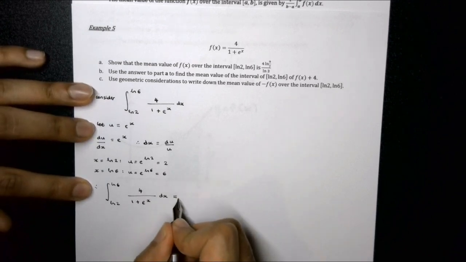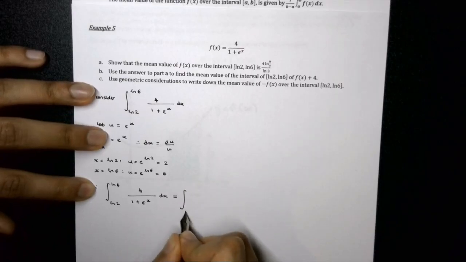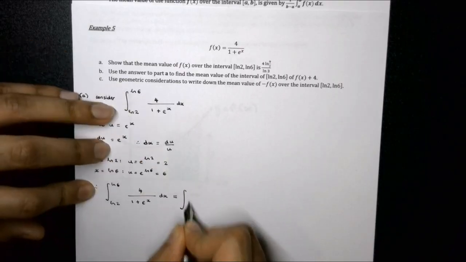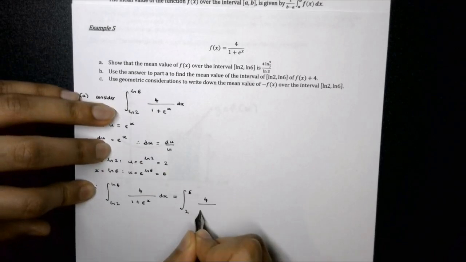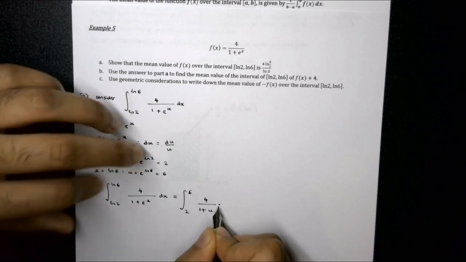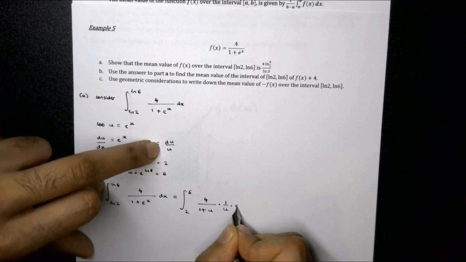this is equal to the integral from 2 to 6 of 4 over 1 plus u lots of dx, which is 1 over u du.